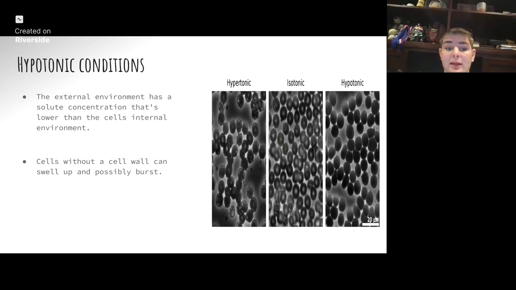That is when the external environment has a solute concentration that's lower than the internal environment. Cells without a cell wall can swell up and sometimes possibly burst. The most hypotonic environment is pure water because it contains no solutes. A hypotonic solution is the net direction of osmosis.